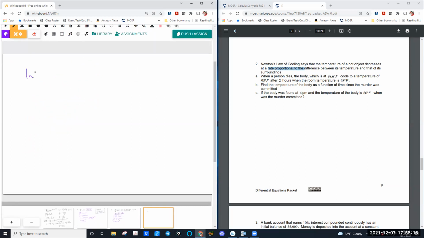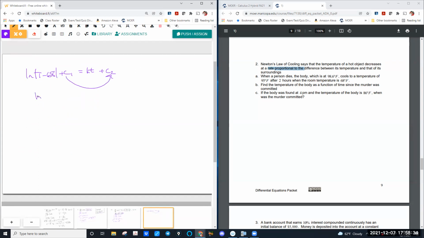So we have the ln of T minus 68 plus c1 equals kt plus c2. The very first thing we would do is bring this over to here, right?